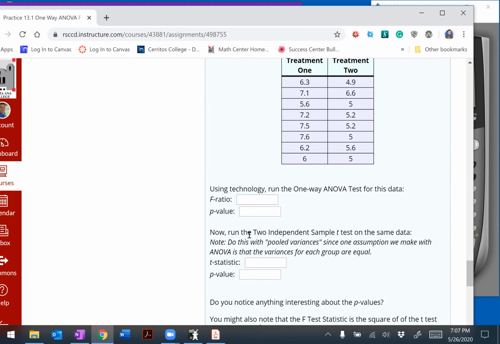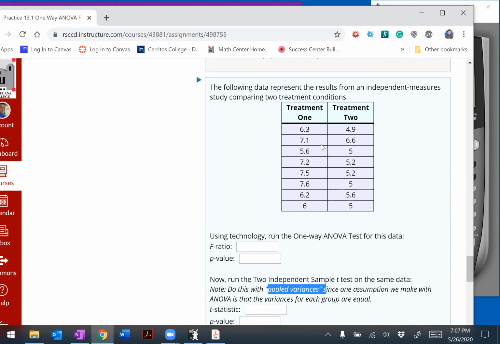Okay. Now run the 2 independent sample test. Do this with pooled variances. Okay, and they would just want you to compare because there's only two samples here. You could have done a 2-sample t-test basically.